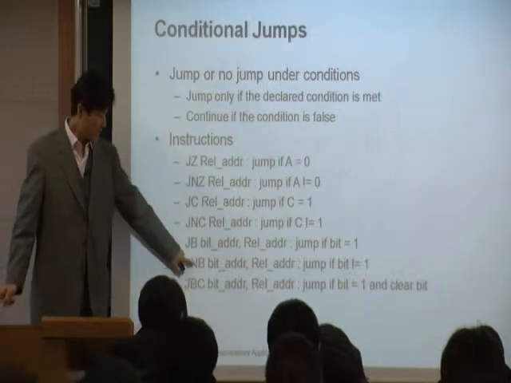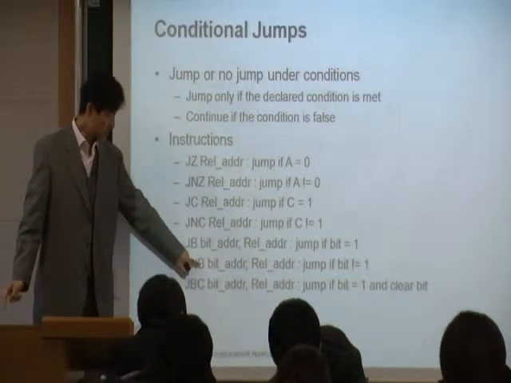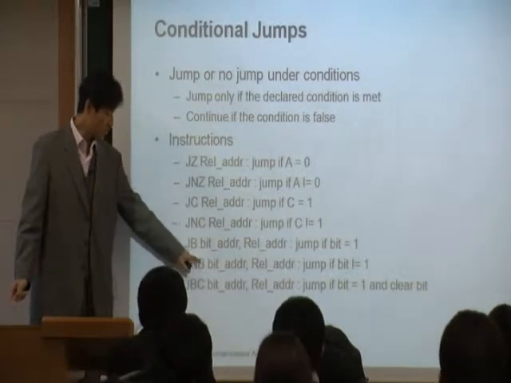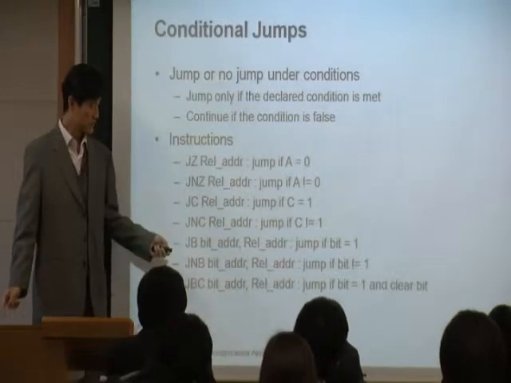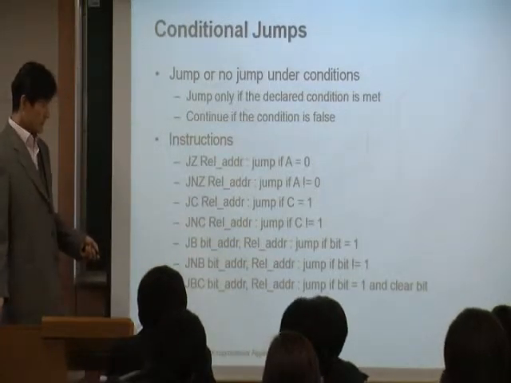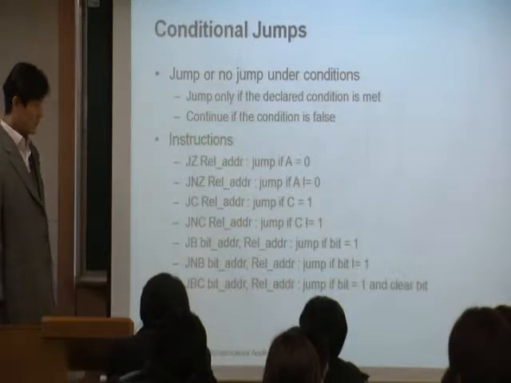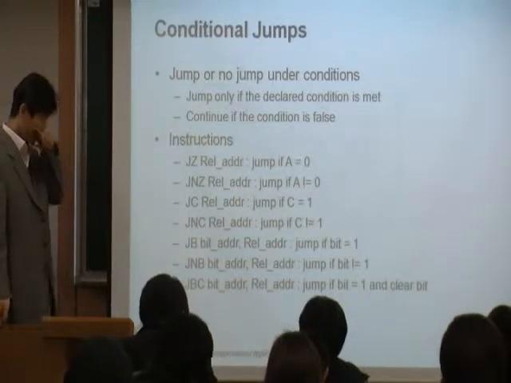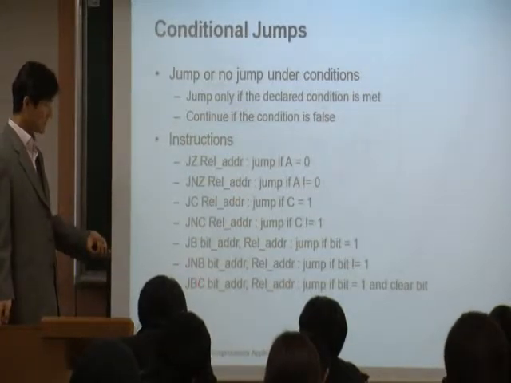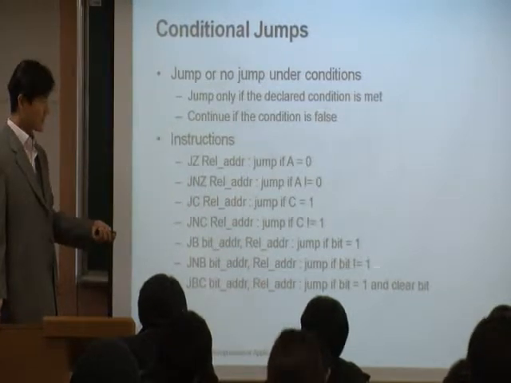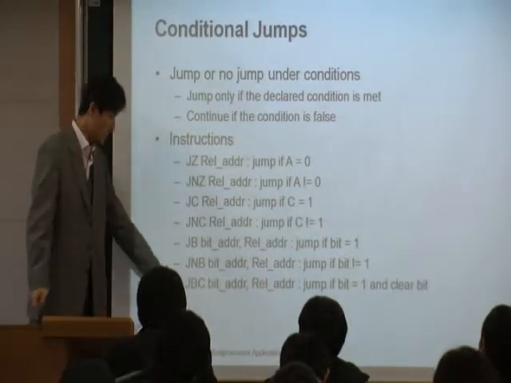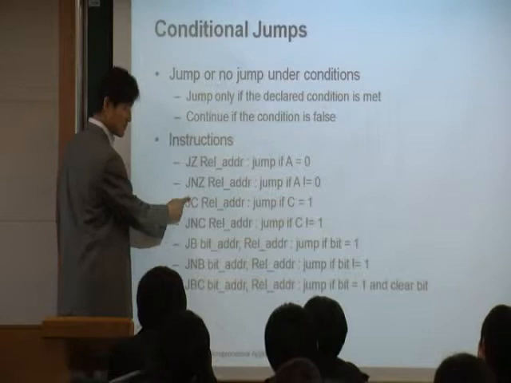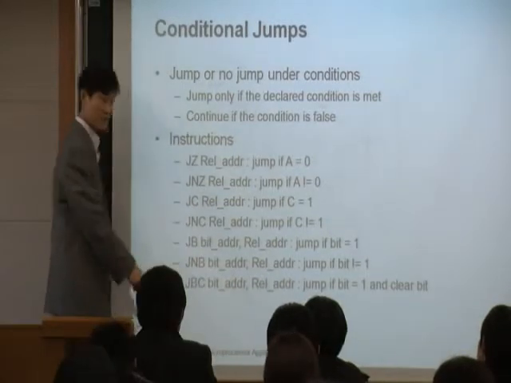Similarly here, JNB means that if this bit is not 1, then you jump. JBC, what is it? In this case, C actually means clear. For this particular one, this C means carry, but this one is clear.